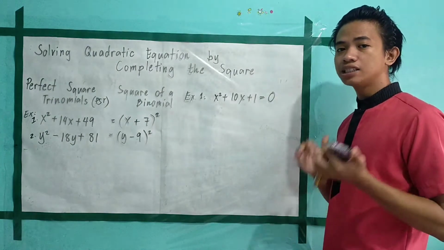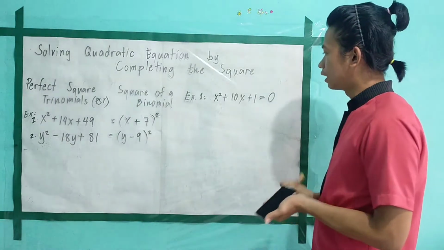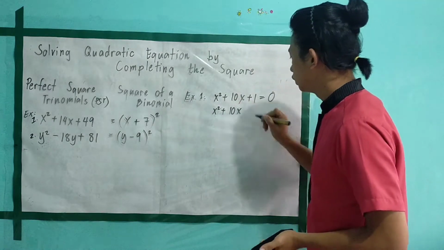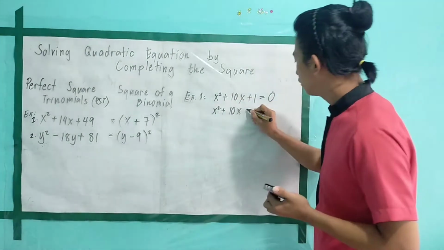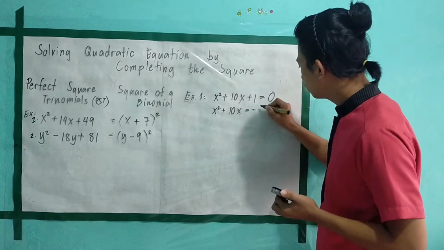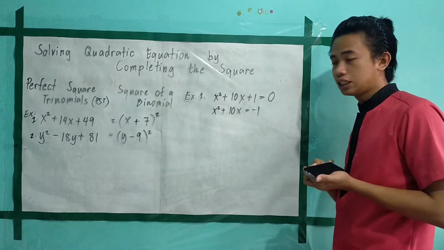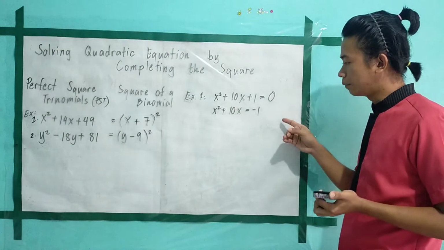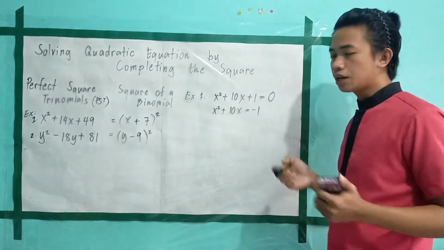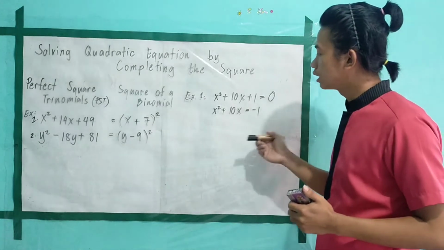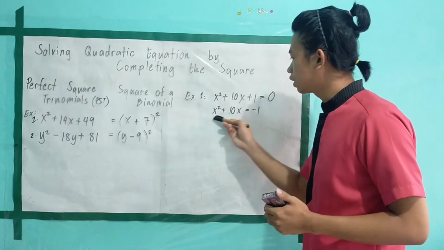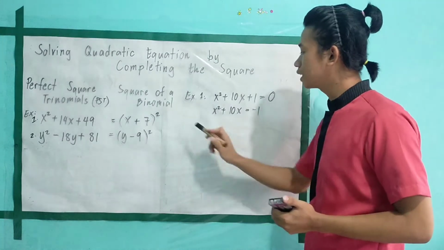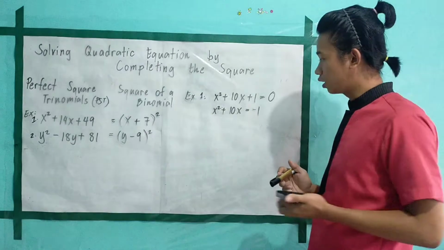First step, i-isolate natin yung ating constant. So, we have x squared plus 10x. Using APE, we have equal to negative 1. So, nag-add tayo both sides ng negative 1. And next step, gawin natin is make the left side of the equation a perfect square trinomial.